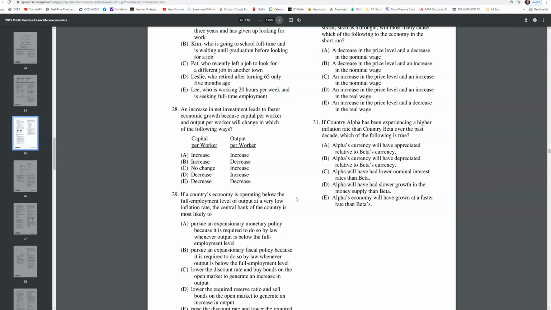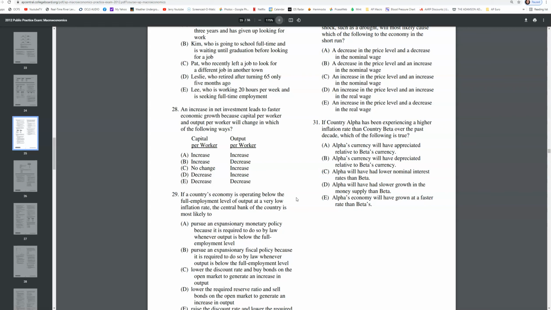What that means is businesses spend more money, and the theory is they're buying new productive machinery. Leads to faster economic growth because capital per worker and output per worker will change in which of the following ways. So I've got to explain this and make it kind of simple, but I can tell you this is a rather unusual question. So capital per worker really means how much machinery per worker.